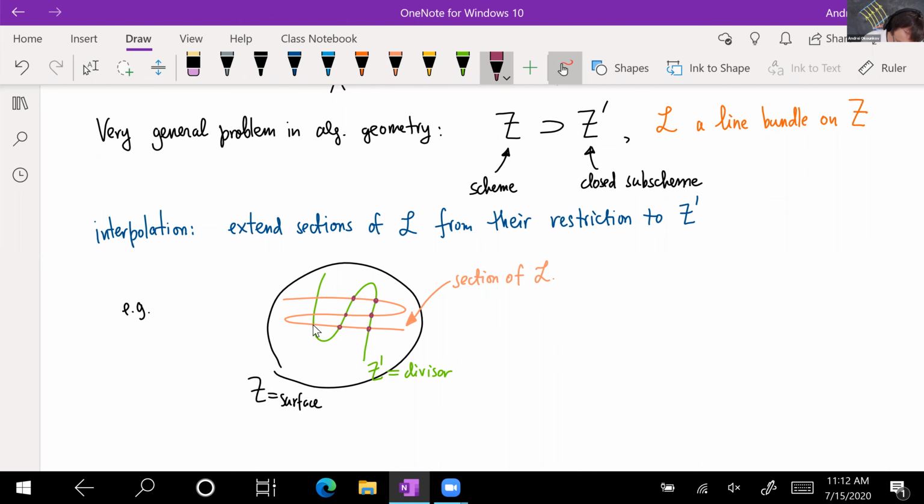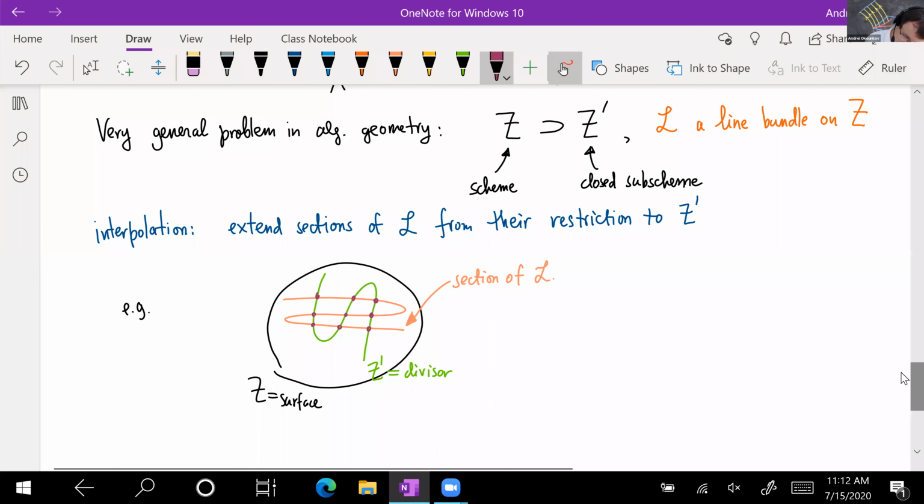If I have a fixed curve of some degree, and a moving curve of some degree, which means a section of some line bundle, then is that section determined by where it hits Z prime?